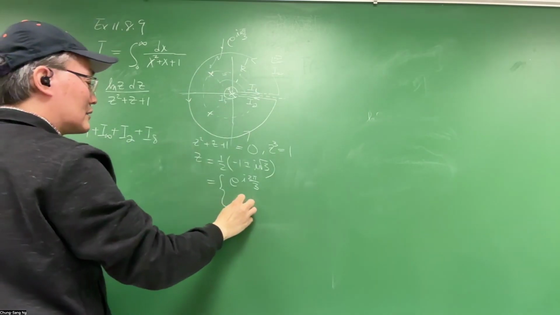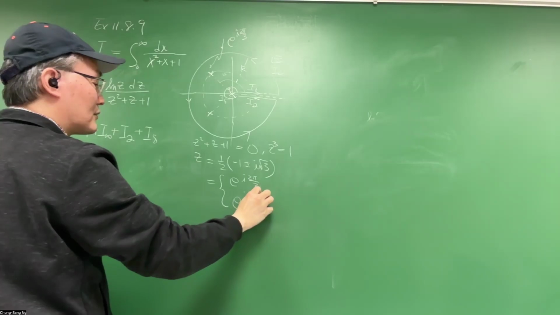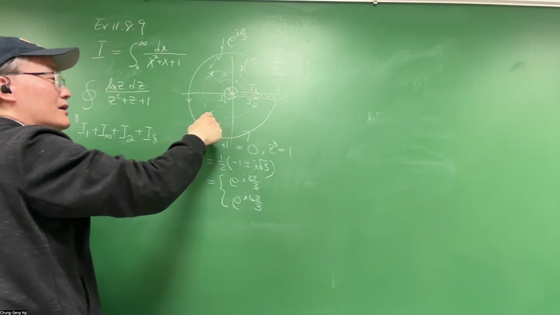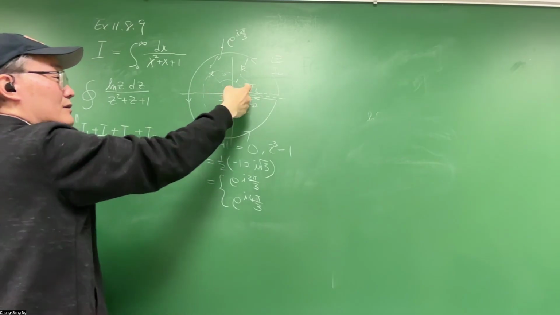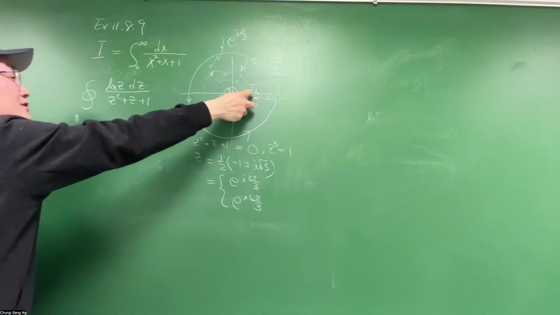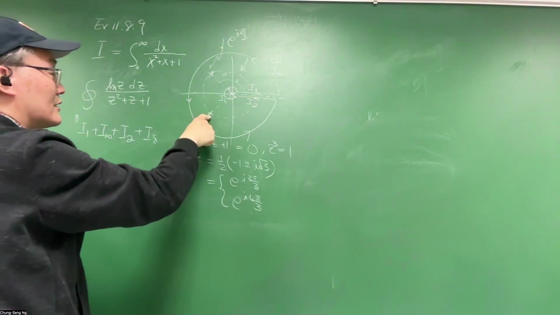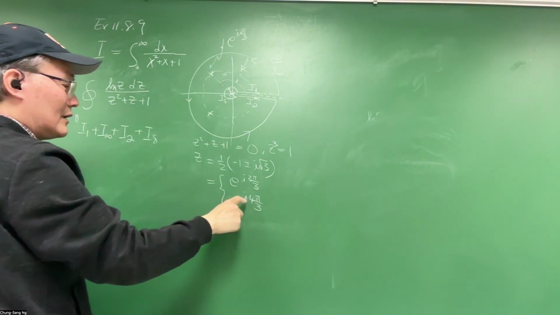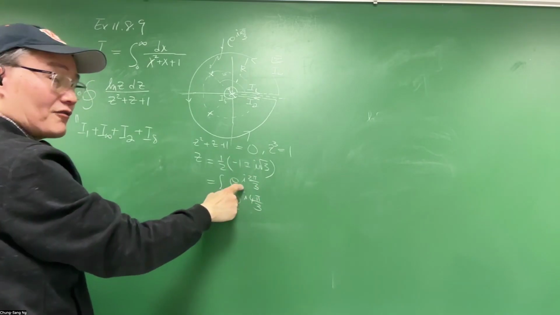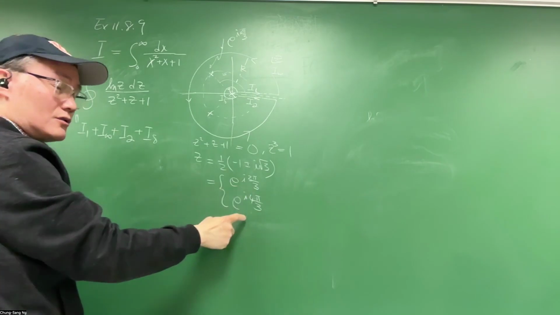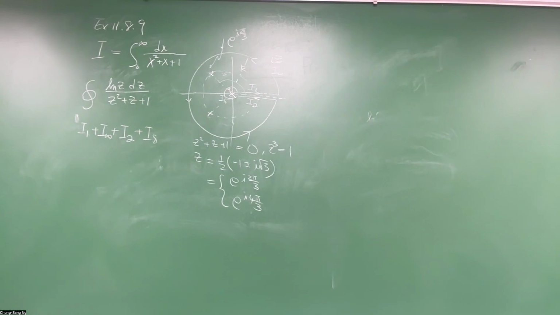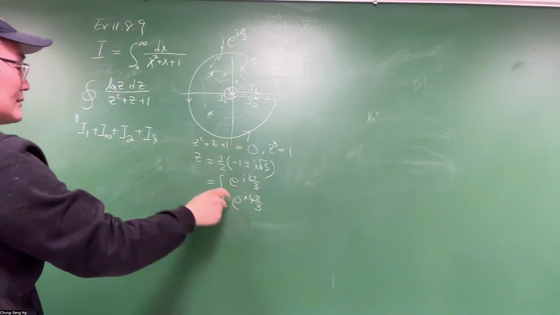So we will say that this is e to the i 4 pi over 3. We will not say this is minus 2 pi over 3, because that would be the other branch. We choose the angle from 0 to 2 pi, so this one will be e to the i 4 pi over 3. The values are these two, but the phase angle we need to choose within this range of the branch. Okay, so that is important.